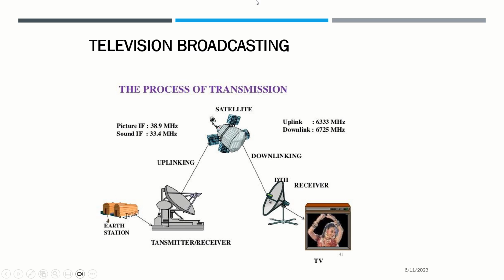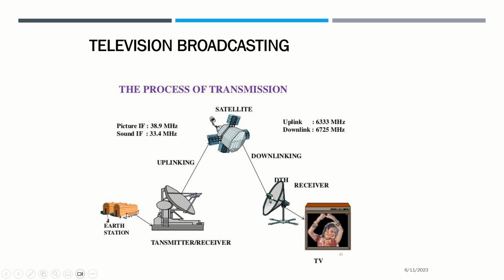Now, television. This is the whole process of transmission in television broadcasting. There will be an earth station, that is a channel, for example, channel A. This channel A will have its own earth station. It will use a transmitter to transmit the data up to the satellite. From the satellite, it is downlinked to the receiver.